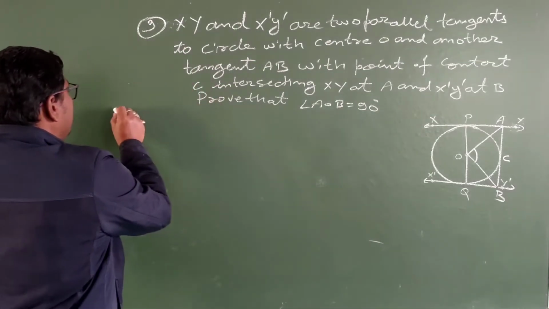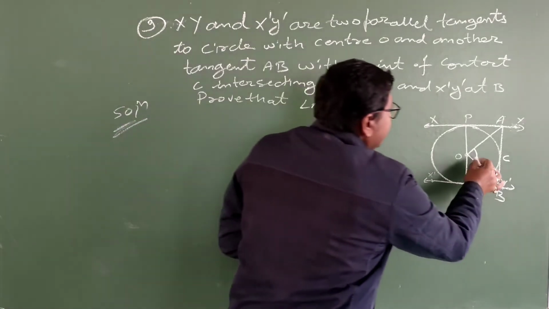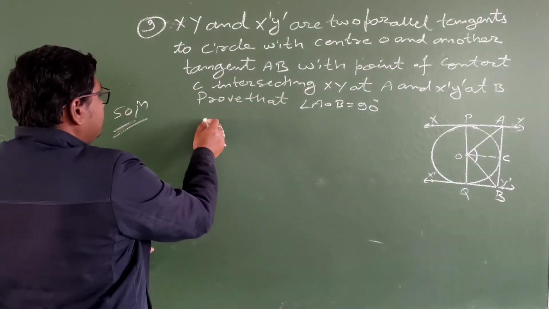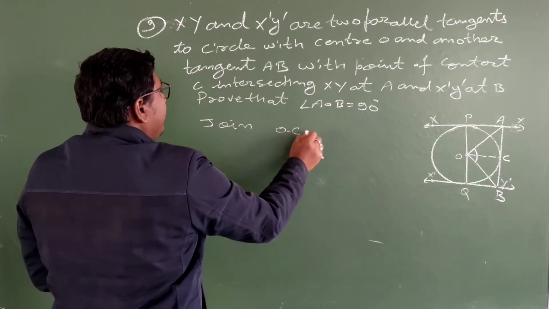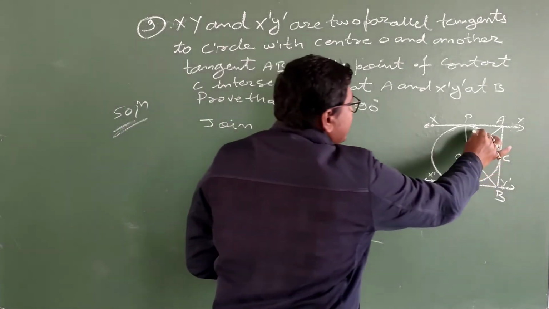Now for that, you see the solution. We need to draw a line segment here: join OC. We have joined OC. Now we have two triangles here.